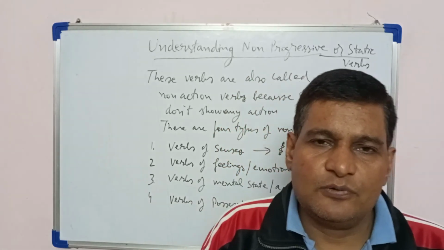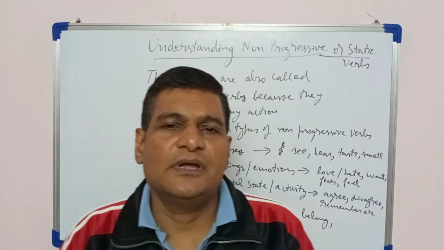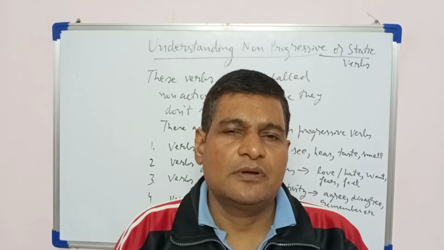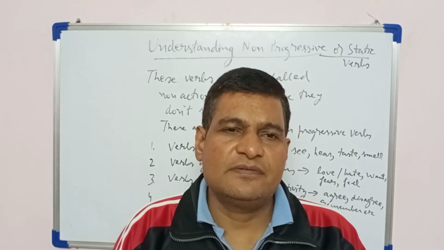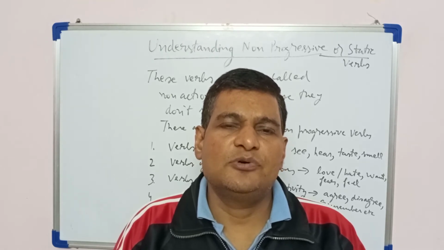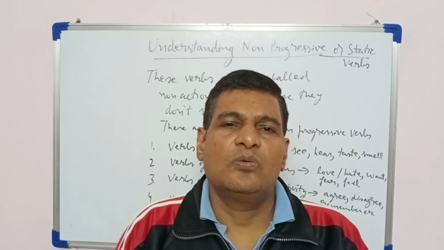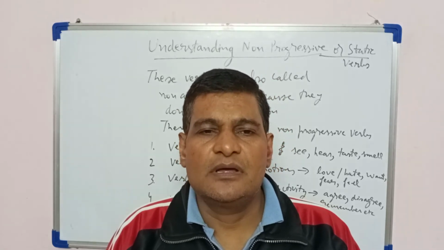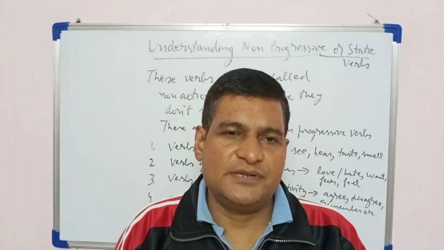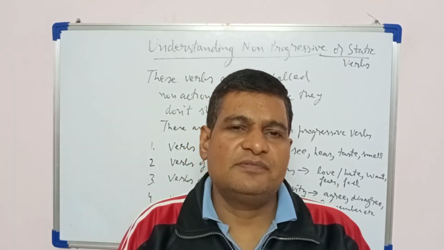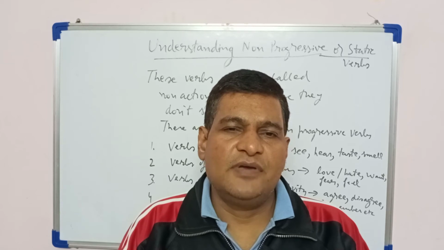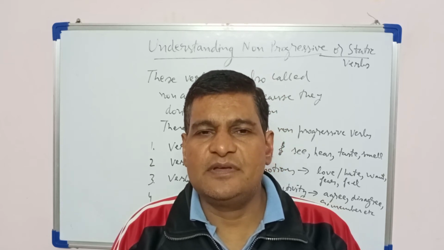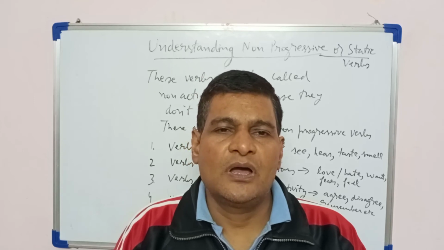And there are 4 types of verbs in this category. Non-action verbs are of 4 types: verbs of senses, verbs of emotions and feelings, verbs of mental state and activity, and finally the verbs of possession. In verbs of senses, we have understood that these verbs are related to 5 senses of our body.